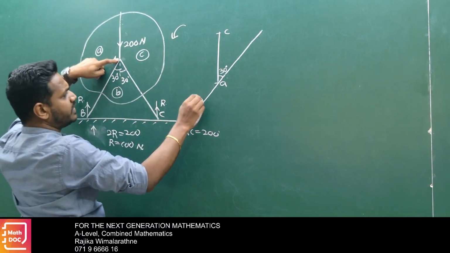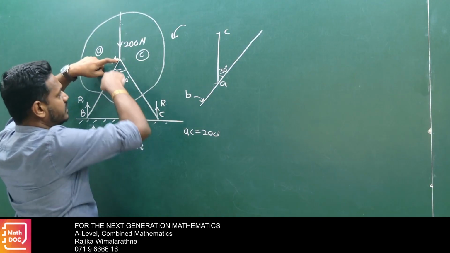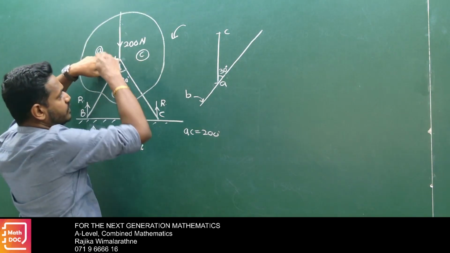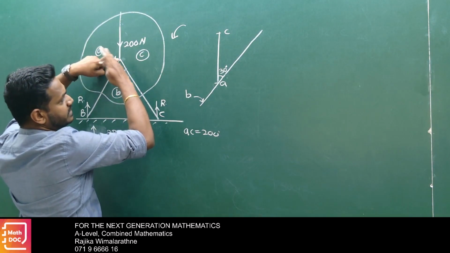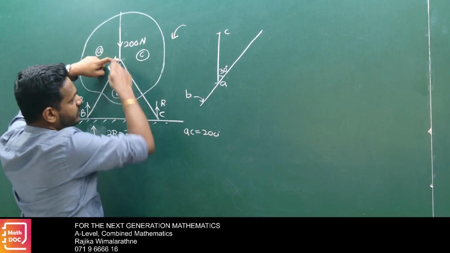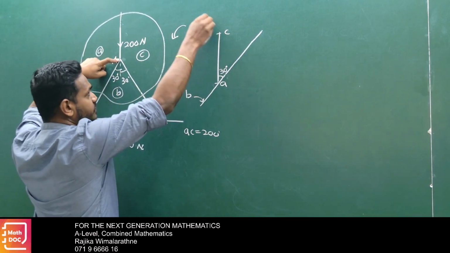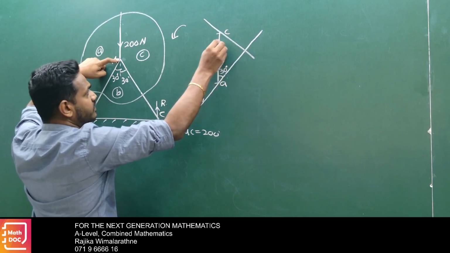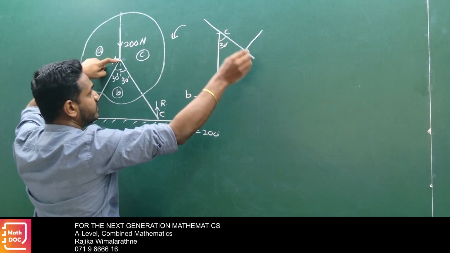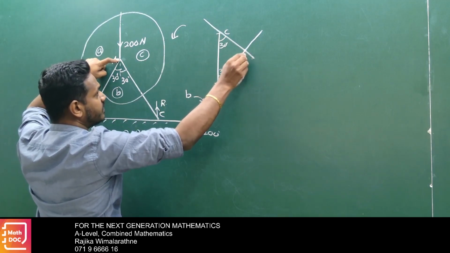Then you remember B is on this line. Then B to C, to the vertical 30 again, in this inclination. You sketch the same rod from here, also to the vertical 30. Then B on this line, finally the common point will be B.